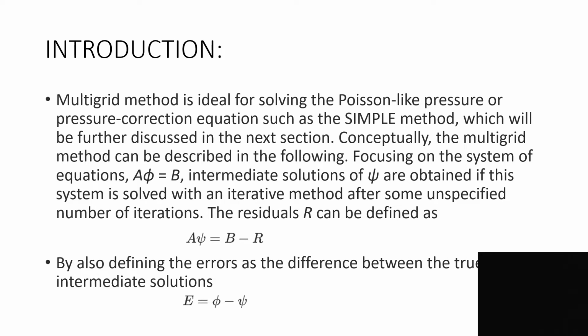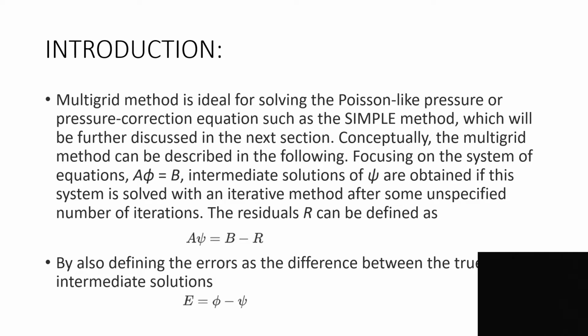Conceptually, the multigrid method can be described in the following way, focusing on the system of equations A phi = b. Intermediate solutions u are obtained if this system is solved with an iterative method after some unspecified number of iterations. The residual r can be defined as r = b minus A u.